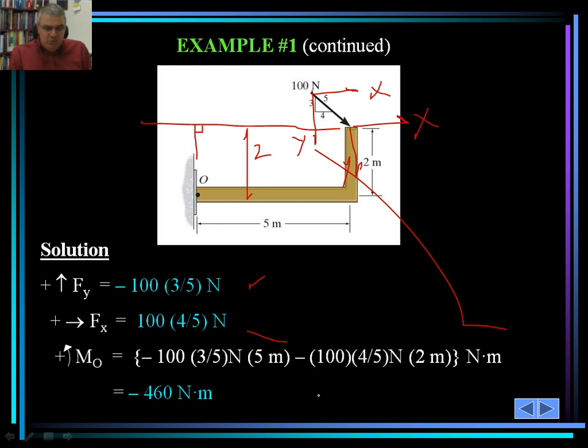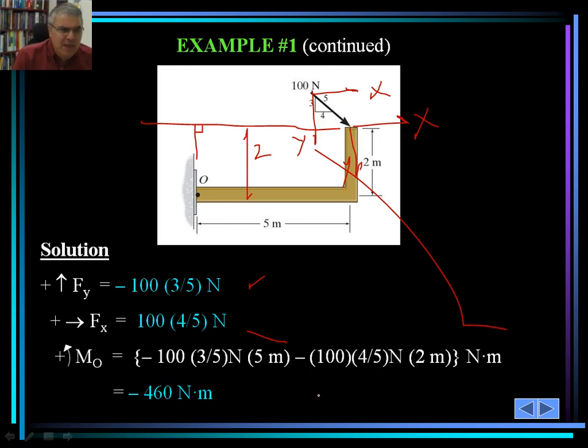Again, we try to stay consistent. In this case, we assume counterclockwise to be positive. Both of them turn out to be negative because they both have a tendency to rotate clockwise.